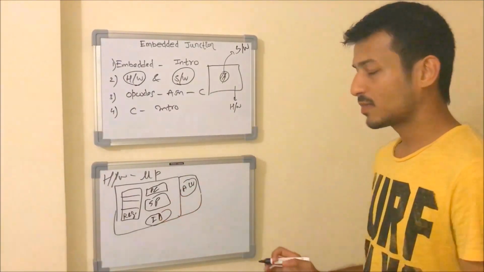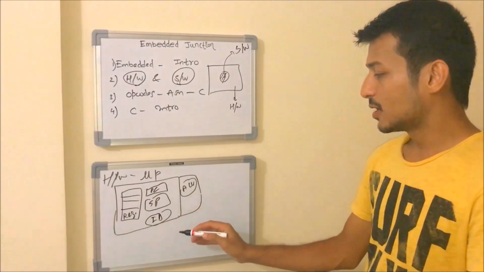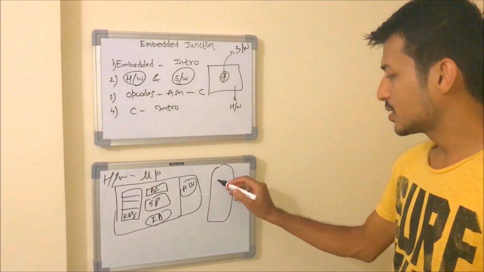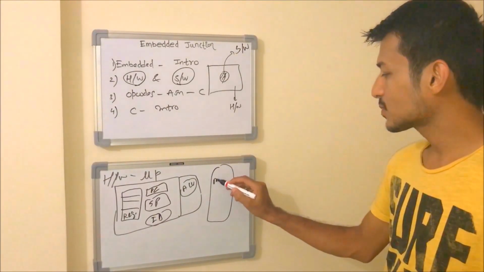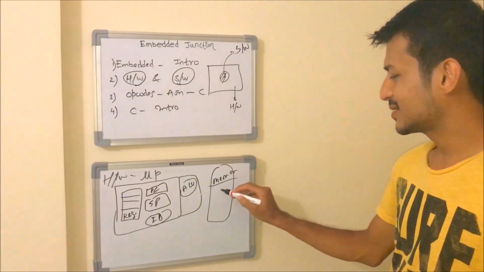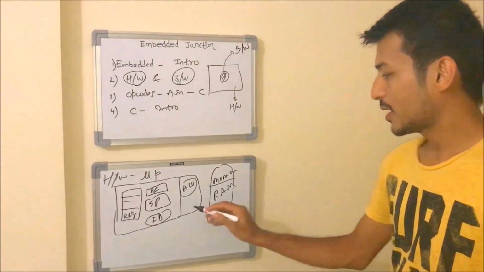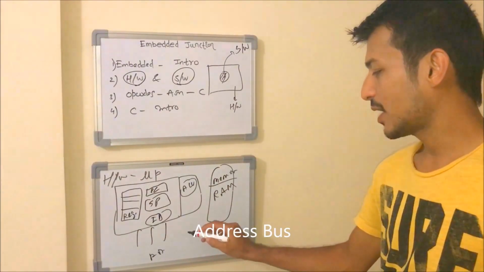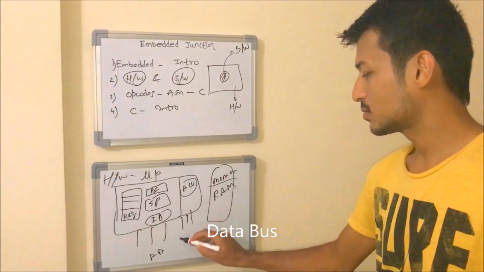So this is how a microprocessor looks like, and to the external world, there is the memory. Let's say this is the RAM, and the microprocessor has something like address bus and data bus.